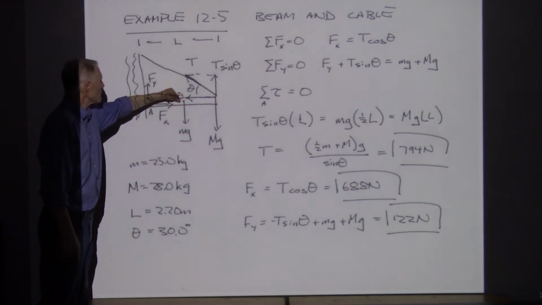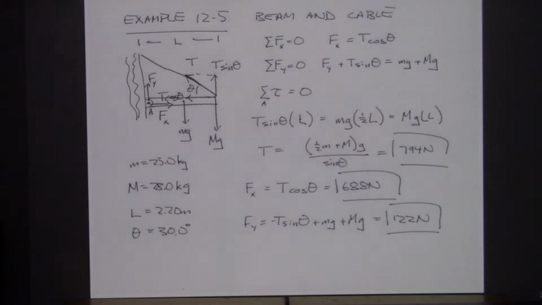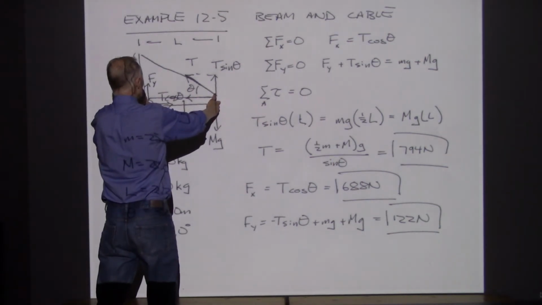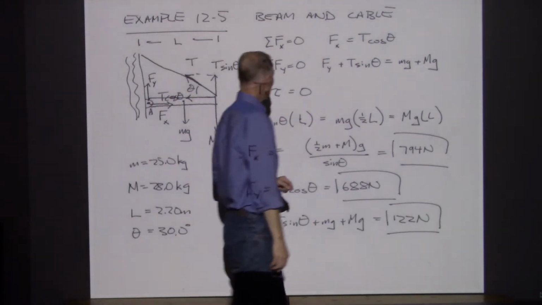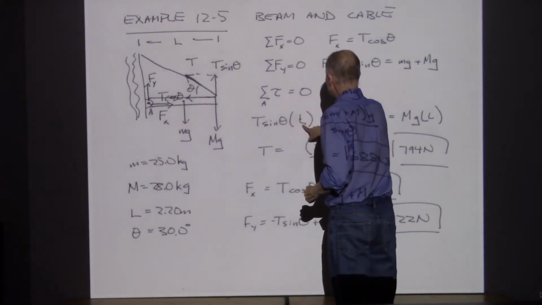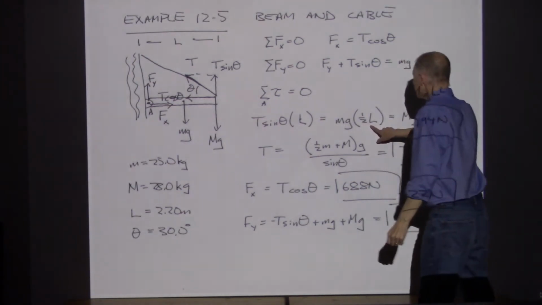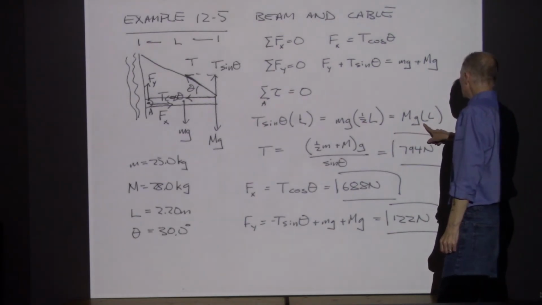The little mg should be right at the middle. I didn't quite get it drawn there, sorry about that. So the whole distance out here is L, and the distance to little mg is 1/2 L. So I've got T sine theta times L for the lever distance from the cable, and then mg times 1/2 L, and big Mg times L.